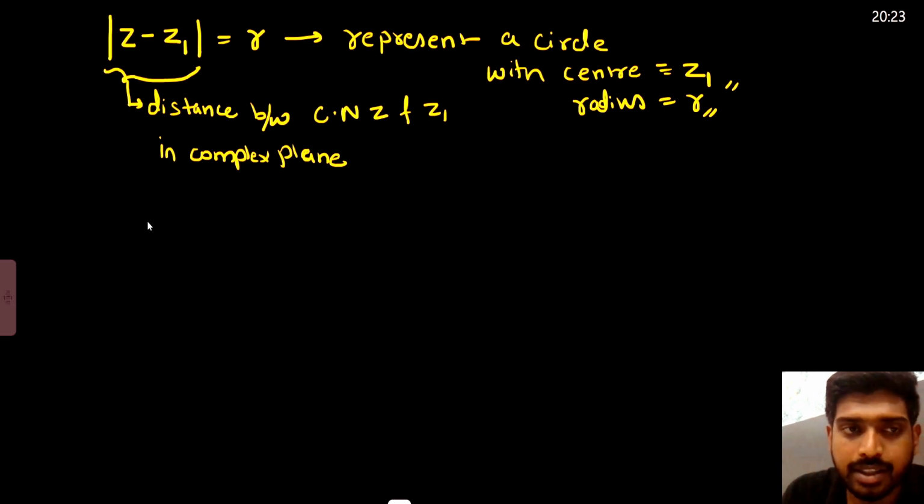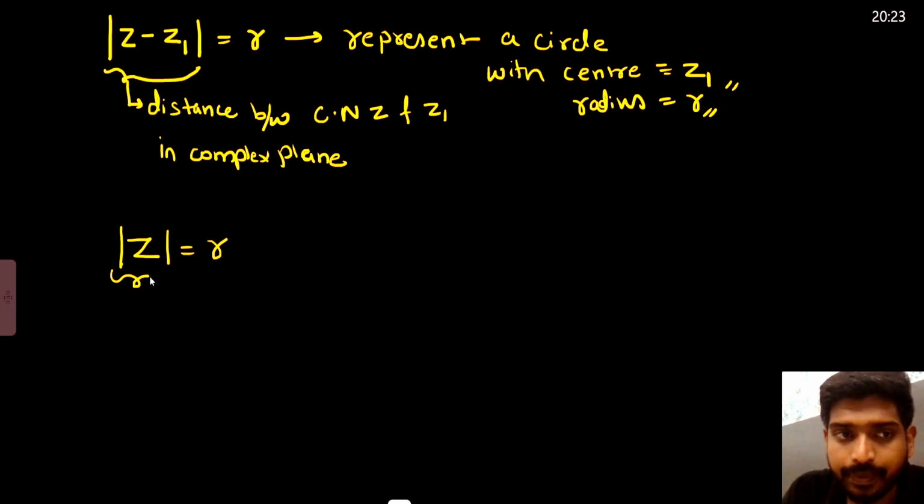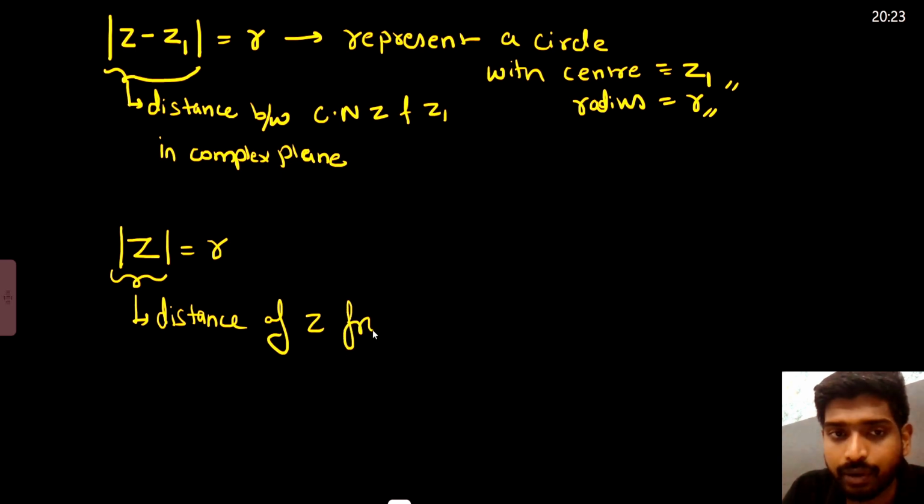Now next, suppose they have given mod of z equals r. Here you can say z1 is 0. Z1 value is 0, that means origin. So here this is the distance of z from origin. Got it?